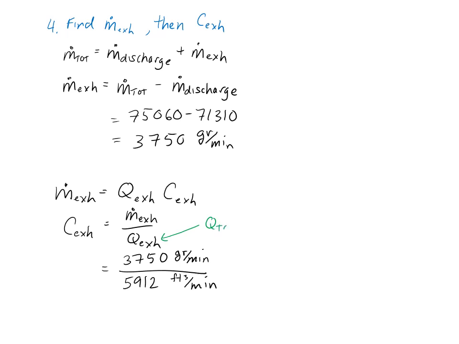So let me make a note that Q exhaust is the same as our total flow rate. And this equals 0.63 grains per cubic foot. So that is the concentration of solids, of particles, in the exhaust.